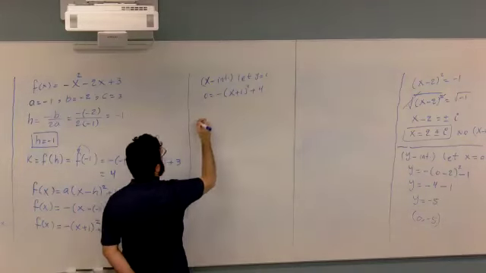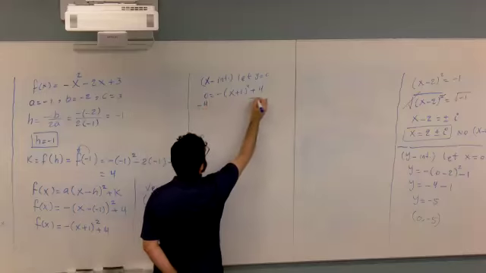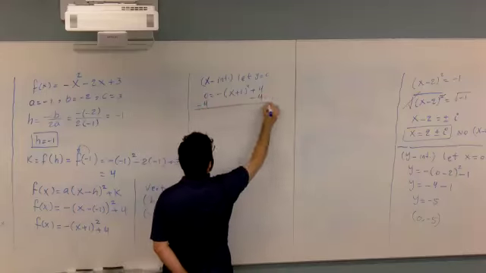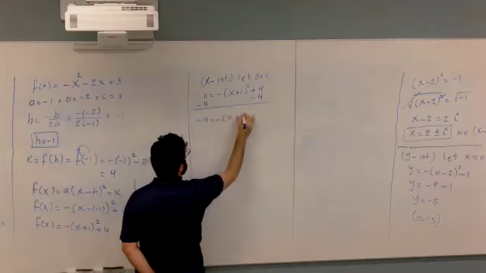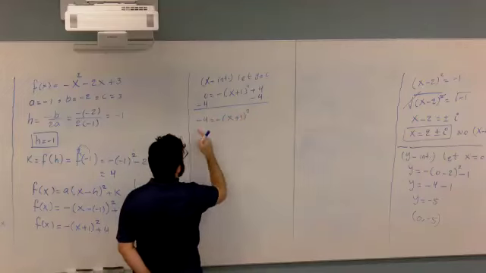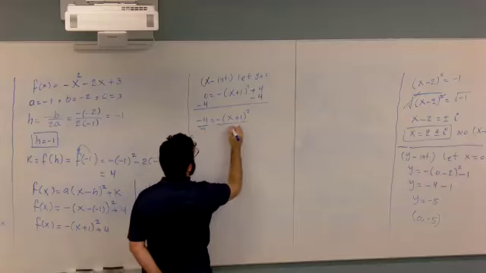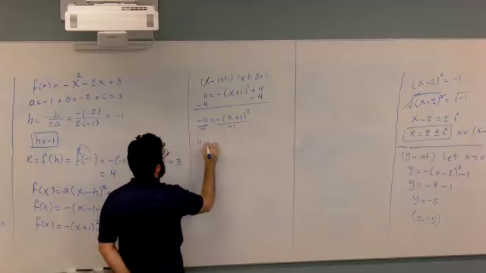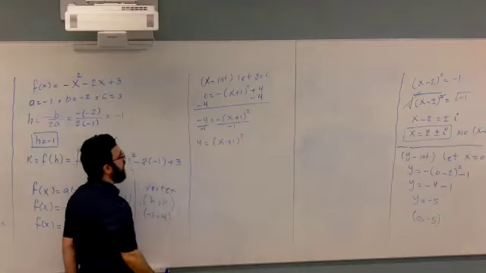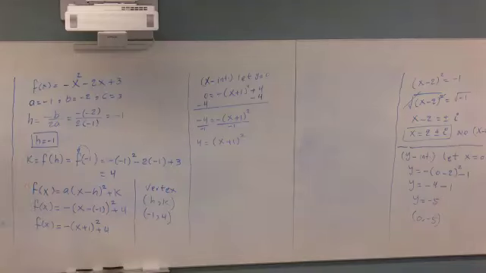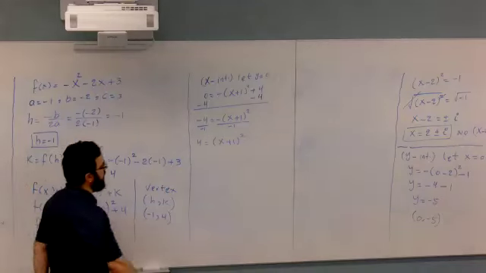Move the 4 to the other side. Minus 4 from both sides. Give me negative 4 equals negative (x plus 1) squared. Multiply both sides by negative 1. That means 4 equals (x plus 1) squared. The next step, square root both sides.